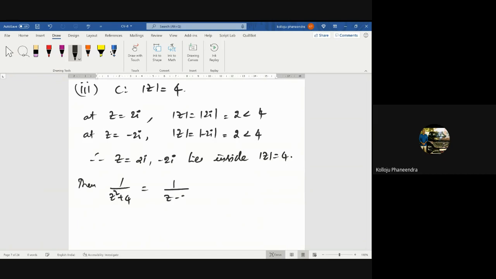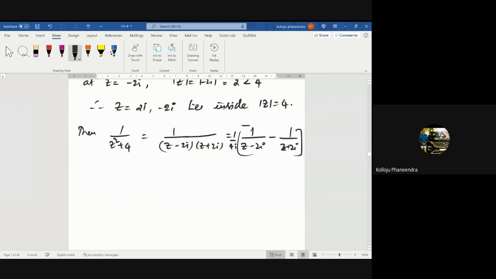So 1 by z minus 2i, 1 by z plus 2i. Whenever both lie inside, you better go for partial fractions. That's better. 1 by z minus 2i, minus 1 by z plus 2i. What is the extra term? If I take LCM, 2i plus 2i, 4i is the extra term. So divided by 4i. Now this is easy.